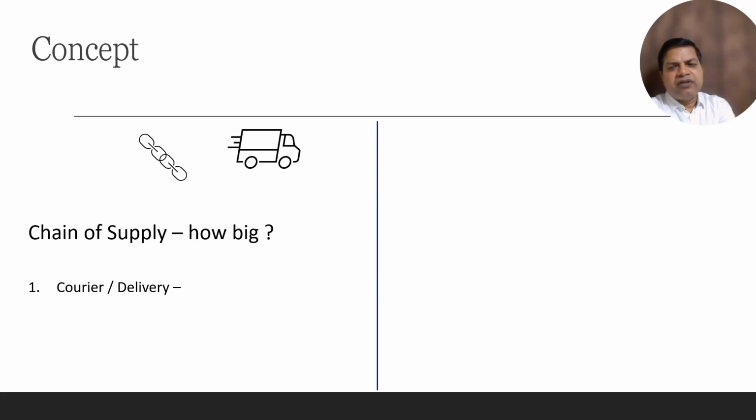The basic function of a courier company is to pick up some material and deliver it to the destination, to the consumer, right? So how do you think? It's less complex compared to manufacturing or other industries. So this is a simple example of a supply chain company.